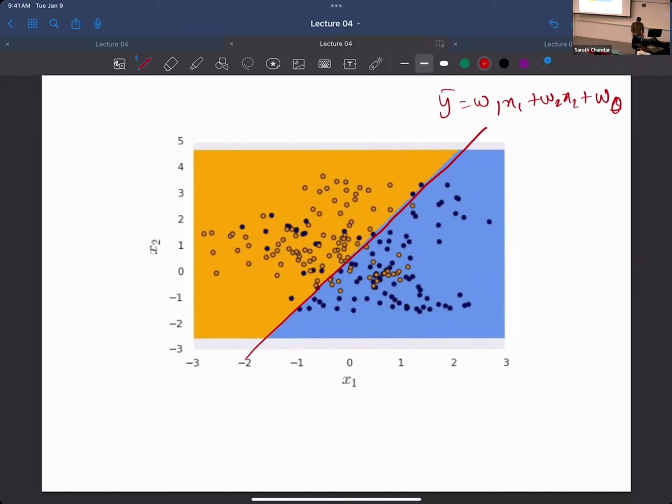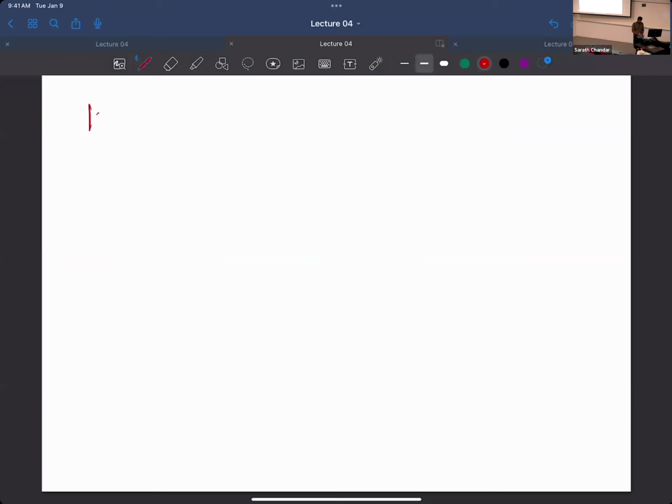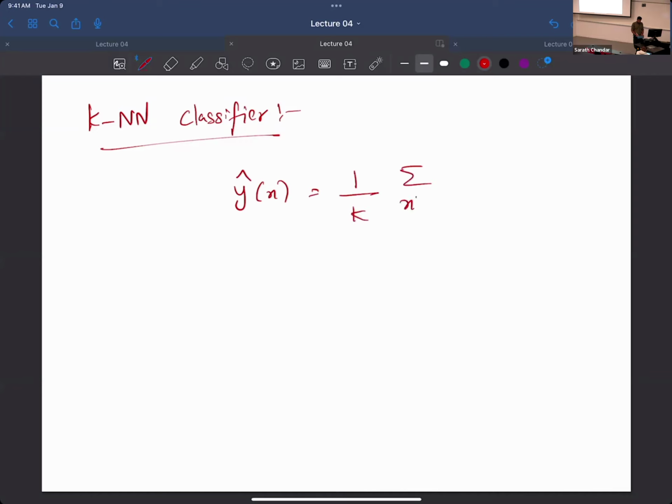In a similar spirit, let's also do the k-nearest neighbor classifier. We did the linear model for classification. Now we're going to do the KNN classifier, which is similar to the KNN regressor. The KNN classification algorithm is y hat of x equals 1 over k, summation over xi in the neighborhood of x, of y of i.